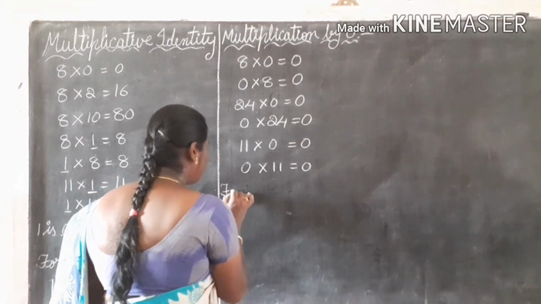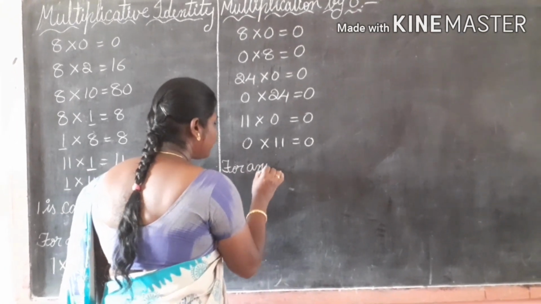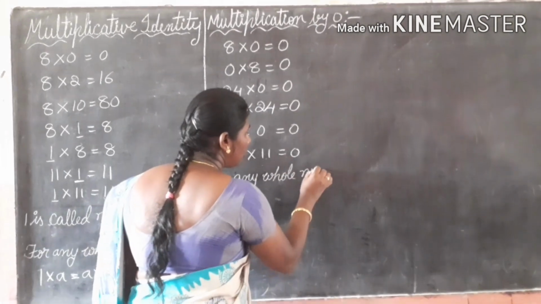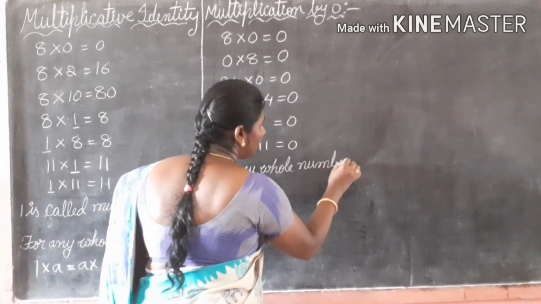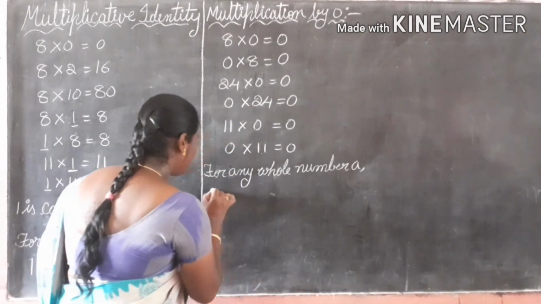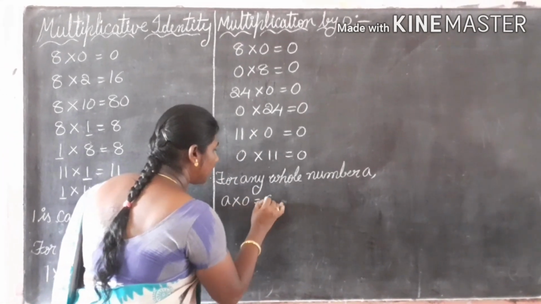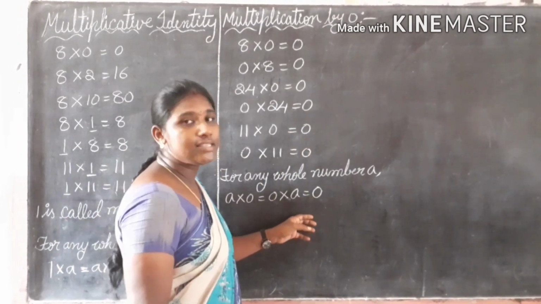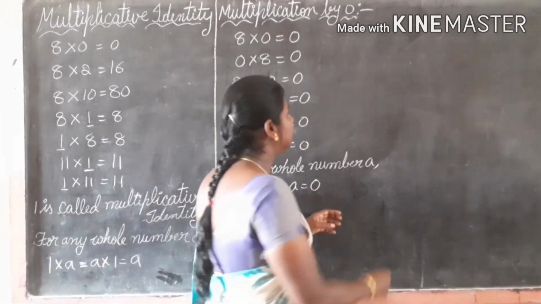For any whole number A, A into 0 is equal to 0 into A is equal to 0. This is called multiplication by 0.